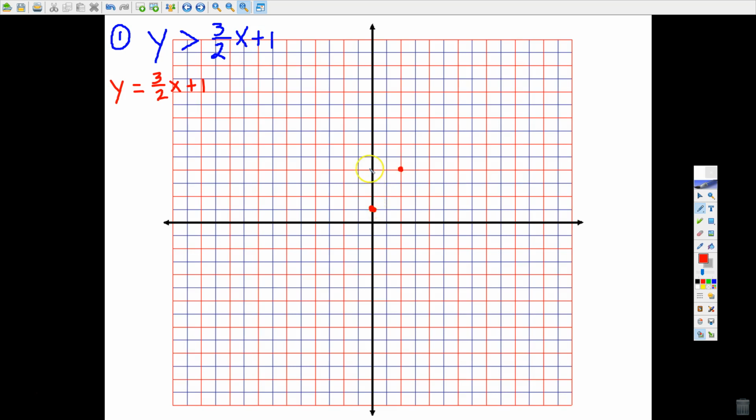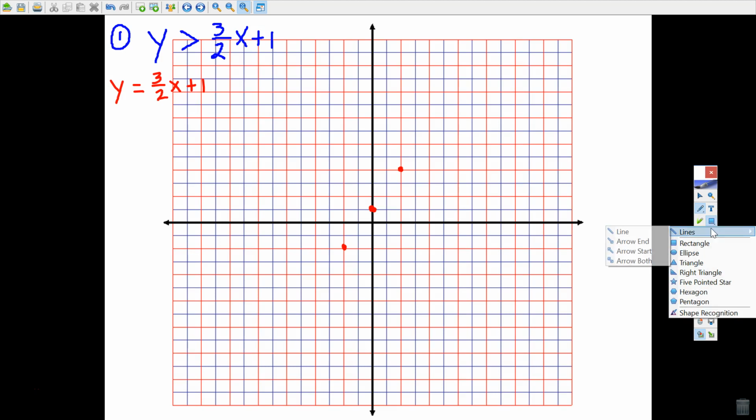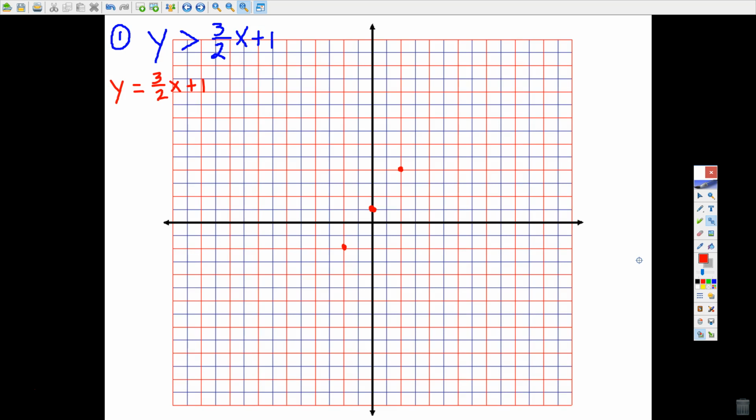So I did two positive directions, a positive 3 and a positive 2. And I could also do two negatives, because negative 3 divided by negative 2 is still positive 3/2. And so now with those three dots, and typically when we're graphing lines, I'm going to ask you to provide 3 points. I'm just setting up my line draw tool here.